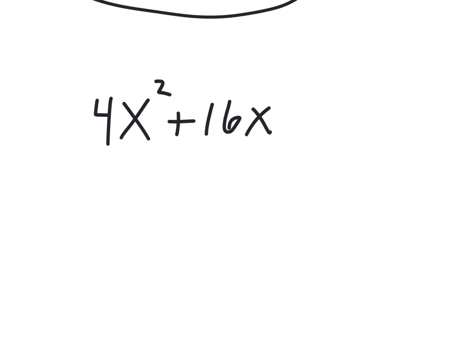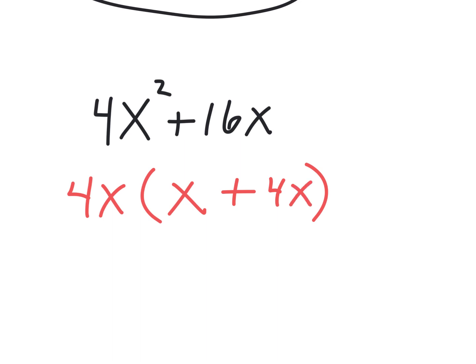A lot of other people will notice the 4, but only the people who really get this will get that it was a 4x that comes out. George, what did you get then for the rest of the answer? 4x plus 4x.